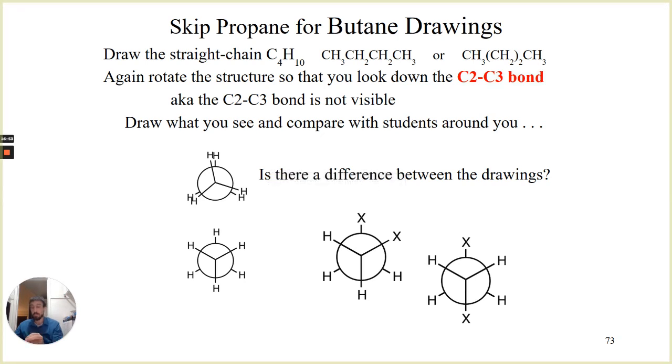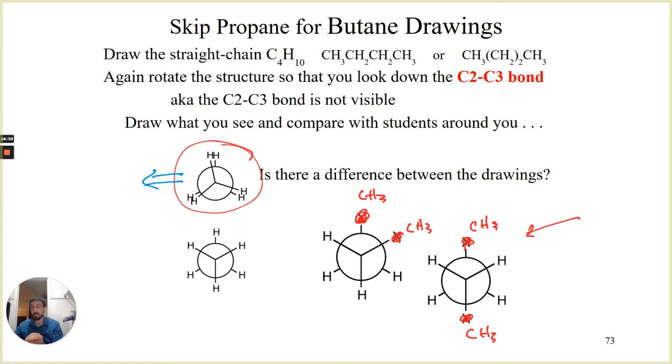largely with eclipsing. Okay, so we'll still get the eclipsing. We'll get varying levels of eclipsing, but then we'll also get varying levels of staggereds. We can get it where our CH3s are on opposite sides or are kind of close to each other. When we look at the eclipsing interaction, we'll see something similar.